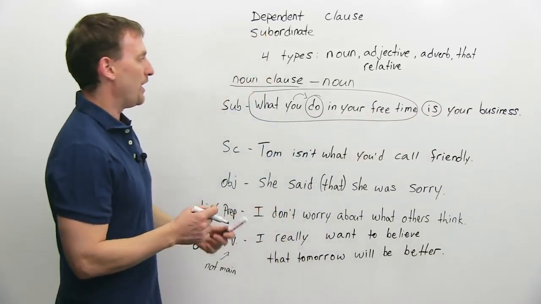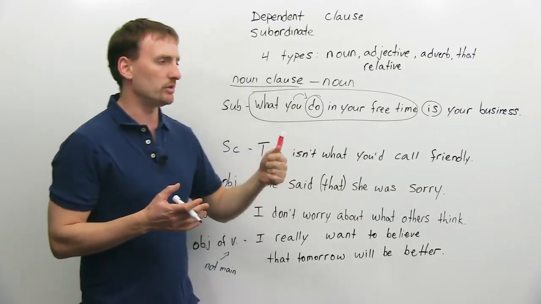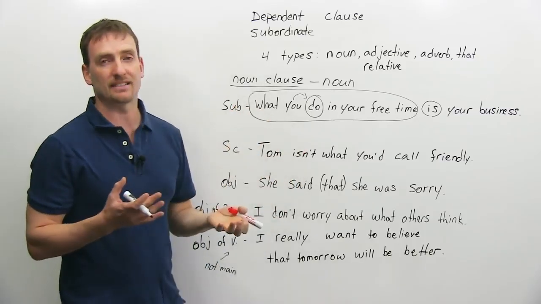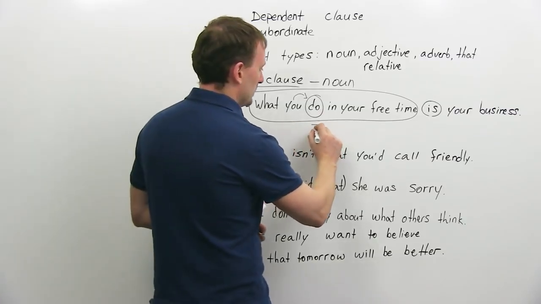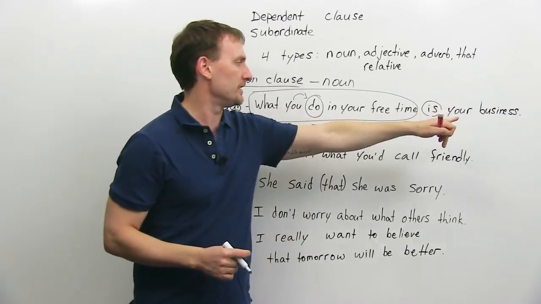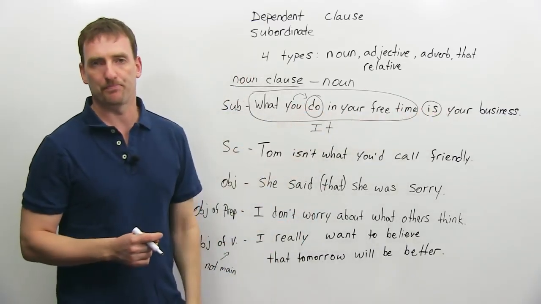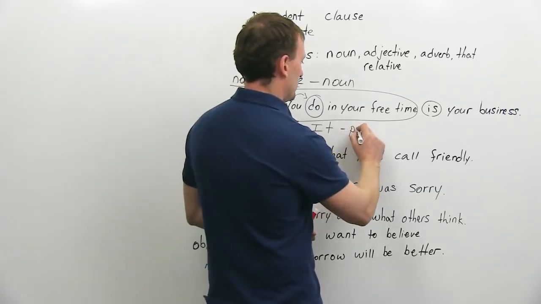Okay? Now, very rarely do people actually use noun clauses as subjects, especially in writing. What they might say is, it. It is your business what you do in your free time. Okay? We call this a preparatory it.